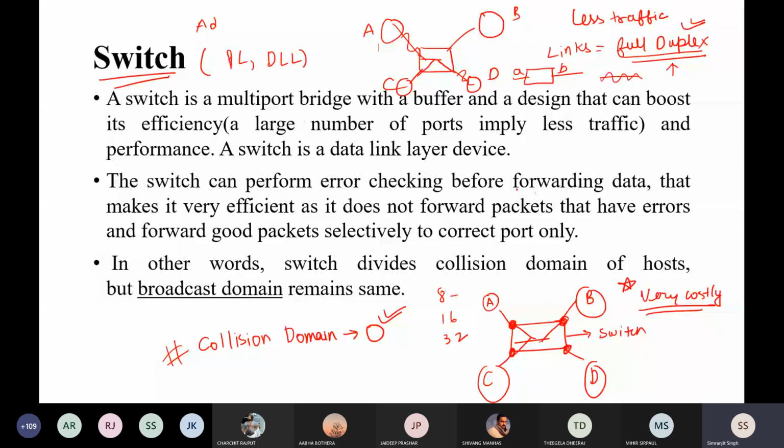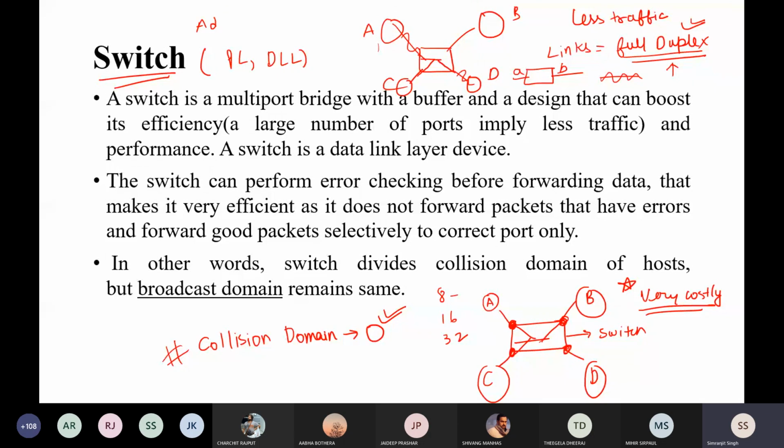Apart from that, if you have seen your lab experiments, you have designed all the topologies using a switch rather than a hub, because a hub broadcasts the signal to all of the devices since it only contains a physical layer. With the help of the data link layer, a switch knows the source and destination MAC address.